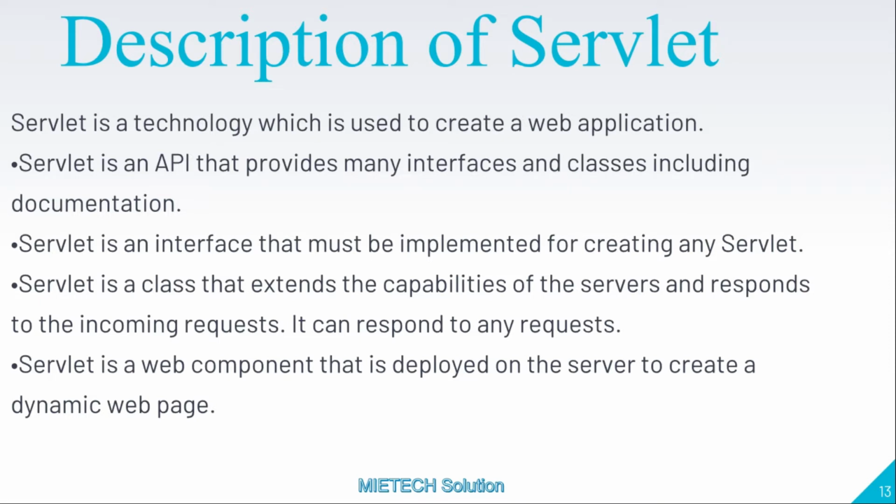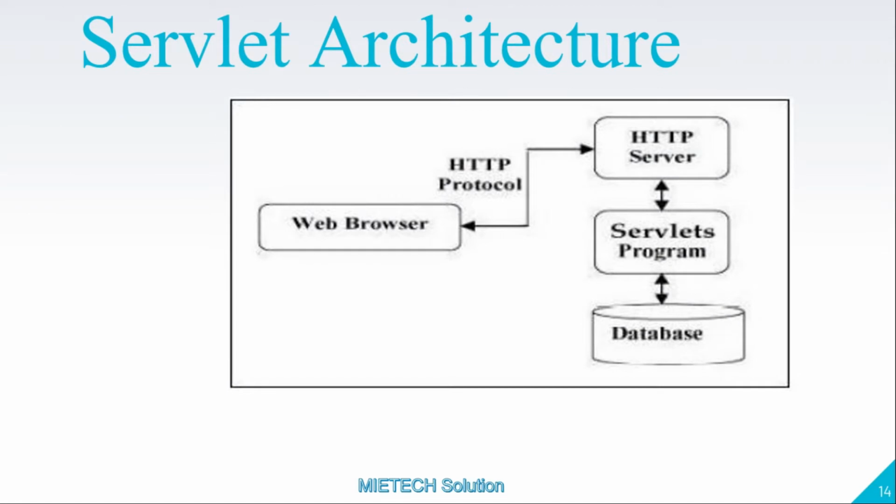And for the servlet architecture, as you see here, we have the web browser, which is going to help for running a web application, and we have the HTTP server, and we have the servlet program, and here we have the database. This servlet is going to act as the middle layer between the HTTP server and the database.